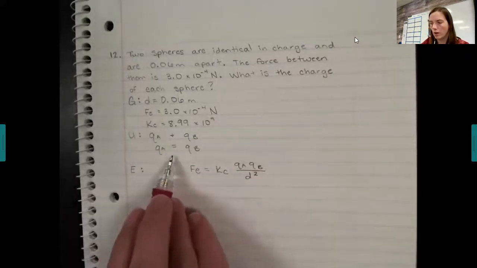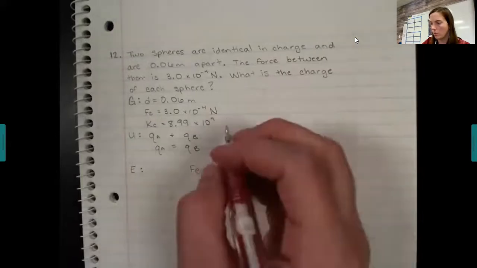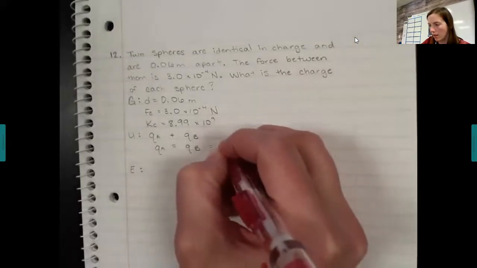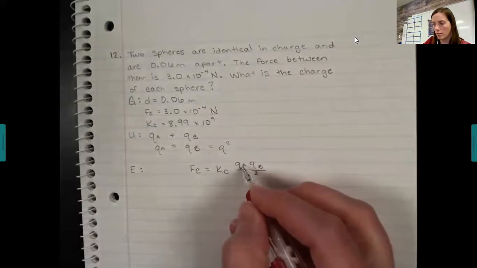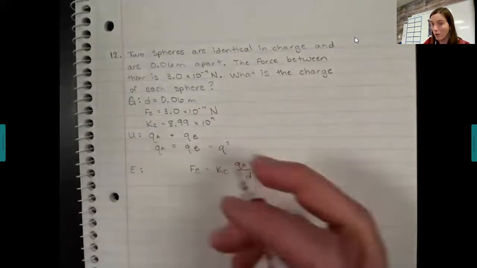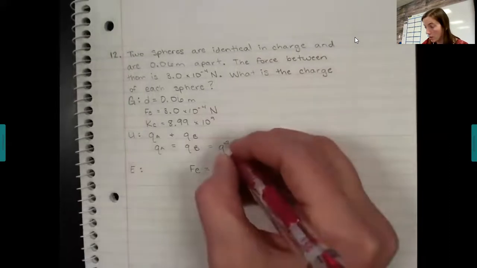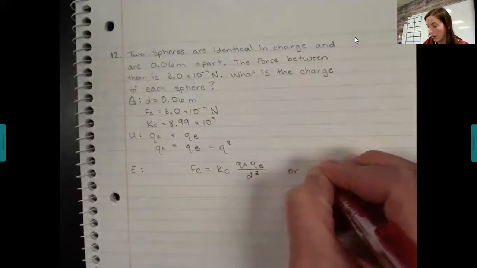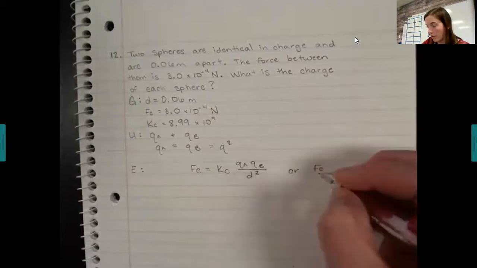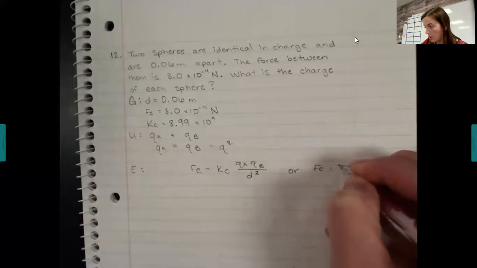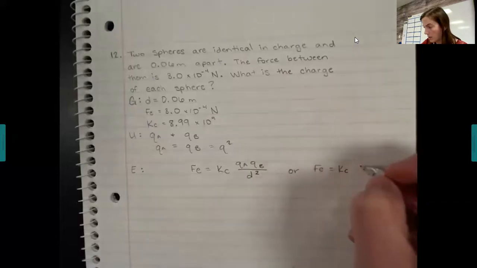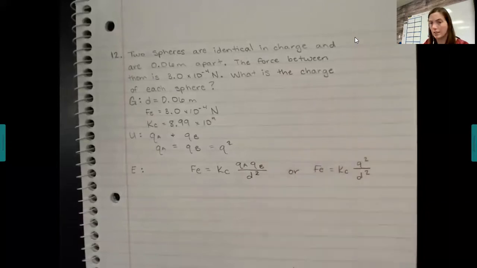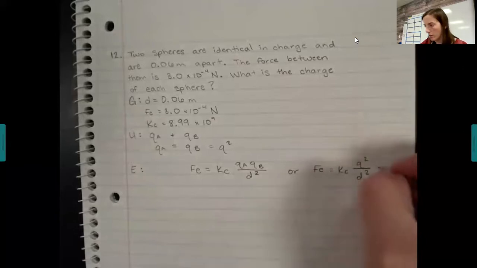So where I have QA is equal to QB in our equation, that's like saying Q squared, because A times B, if they're the same number, that's squaring the Q. So we could also write this down as the electric force is equal to Coulomb's constant times Q squared divided by D squared. All right, so now let's get Q by itself.